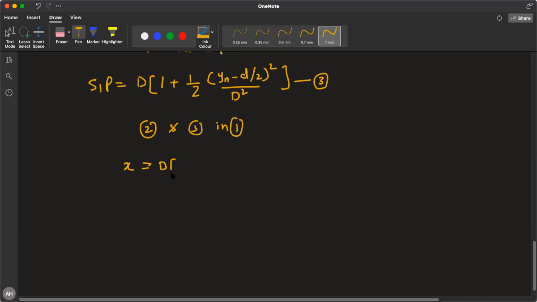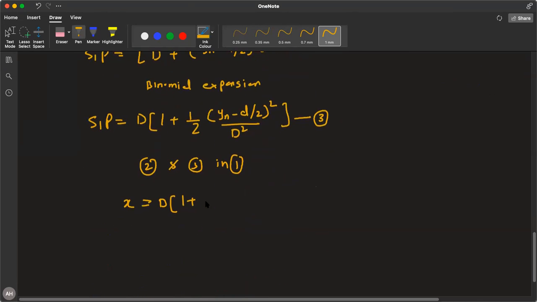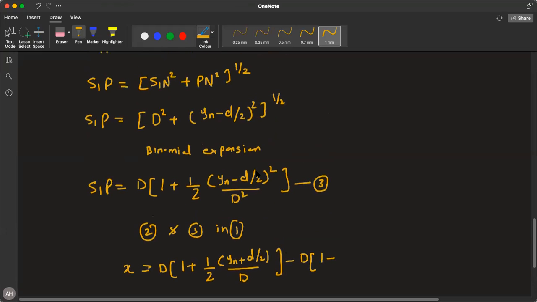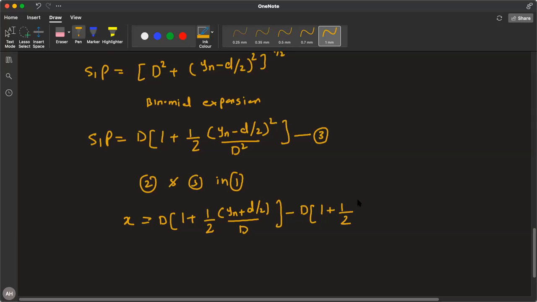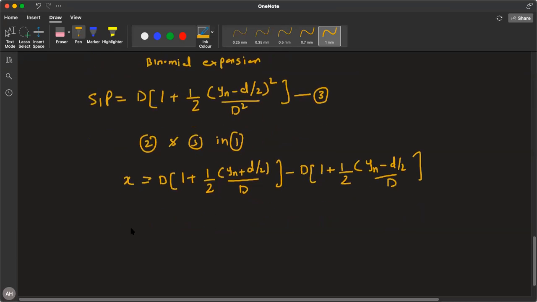S2P is D times 1 plus 1 by 2 times (Yn plus d by 2) over capital D, minus S1P, which is D times 1 plus 1 by 2 times (Yn minus d by 2) over D. So you can take D common from all terms, and this will be 1 plus 1 by 2 (Yn plus d by 2) over d minus 1 by 2 (Yn minus d by 2).